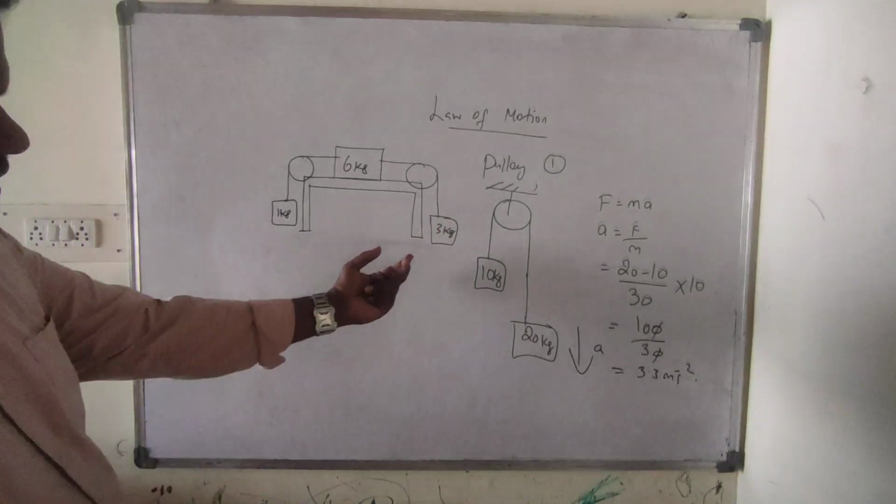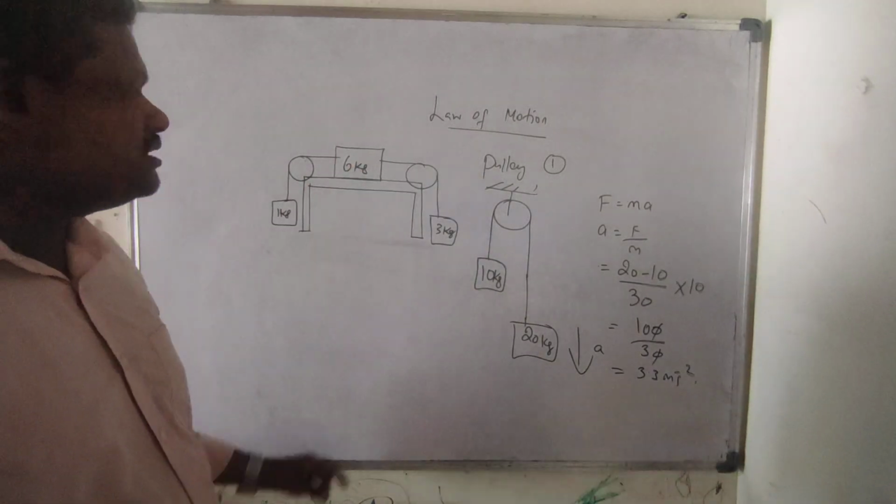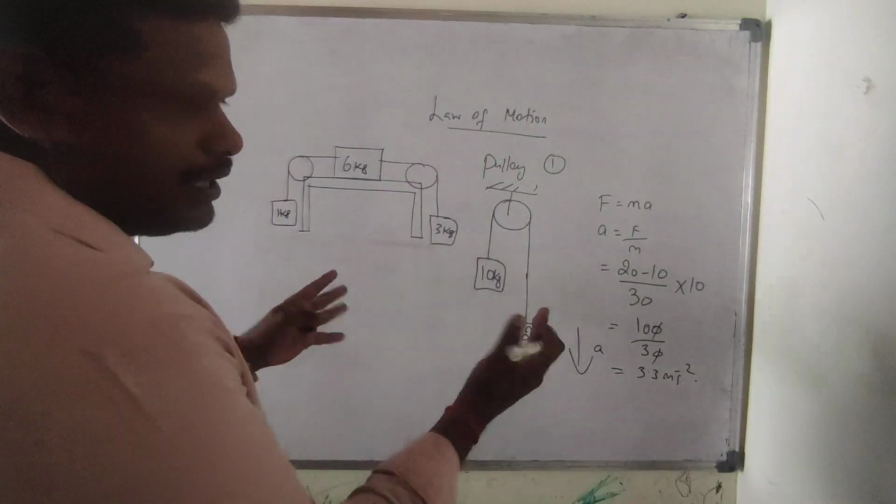So, on this side 3 kg is the mass and on this side 1 kg is the mass, and 6 kg is resting on the table. So, here the same formula, there is no change.